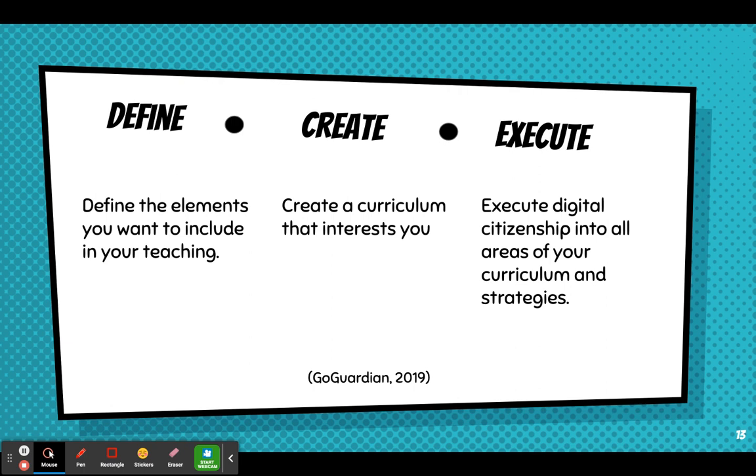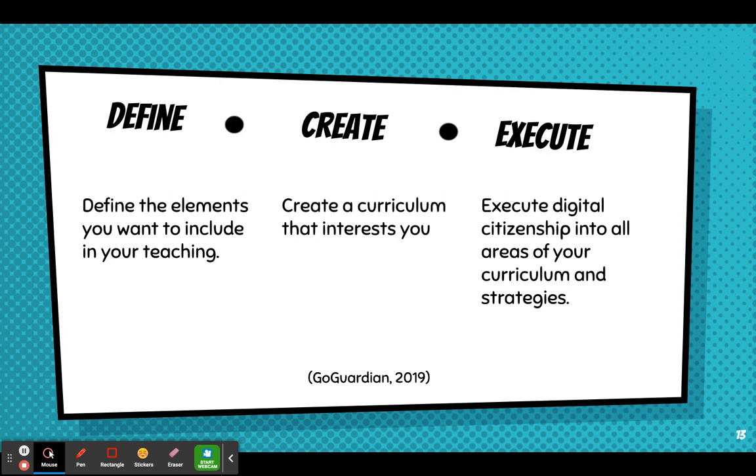Go Guardian recommends that when we think about teaching digital citizenship, we define, create, and execute a plan. So the first thing we do is define the elements that we want to include in our teaching. I feel like this comes out of our core values, about our own whys and our own vision for education. Our core values are at the center of what we want to include in our teaching. After we define those, we need to create curriculum that's interesting to us.